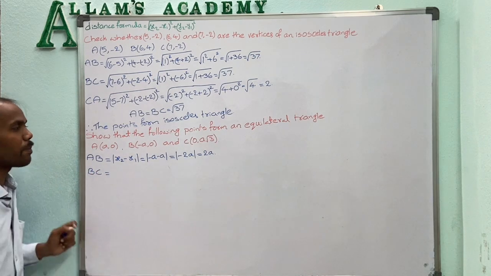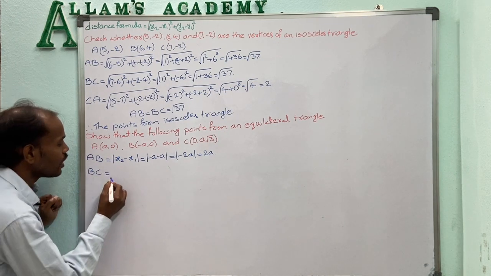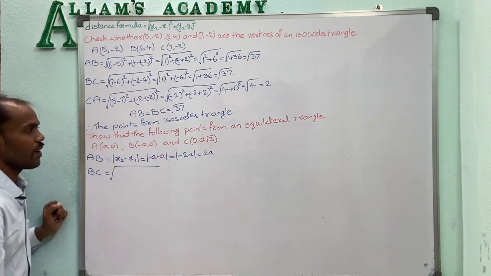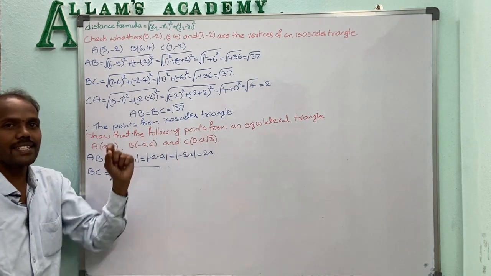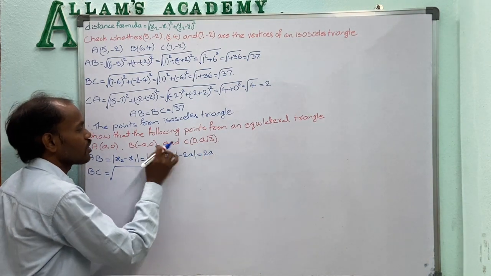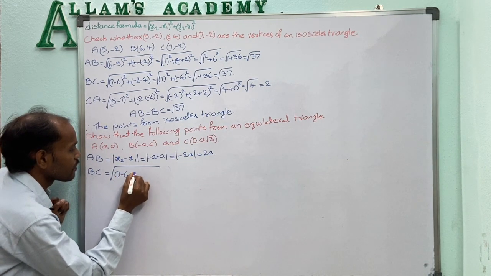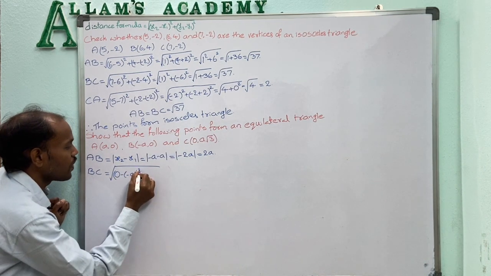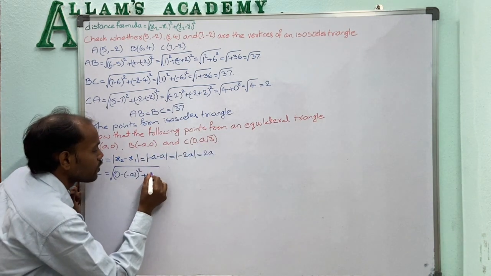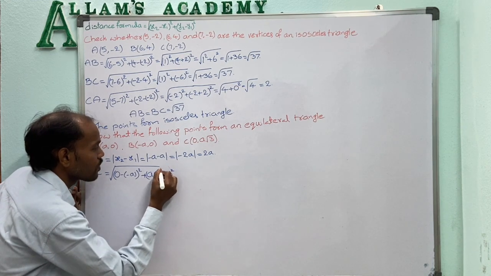Now the distance between the points B and C, that is the length BC. The B point is taken as (x1, y1) and the C point as (x2, y2). So the square root of (x2 minus x1), that is 0 minus of minus a, whole square, plus (y2 minus y1), that is a root 3 minus 0, whole square.